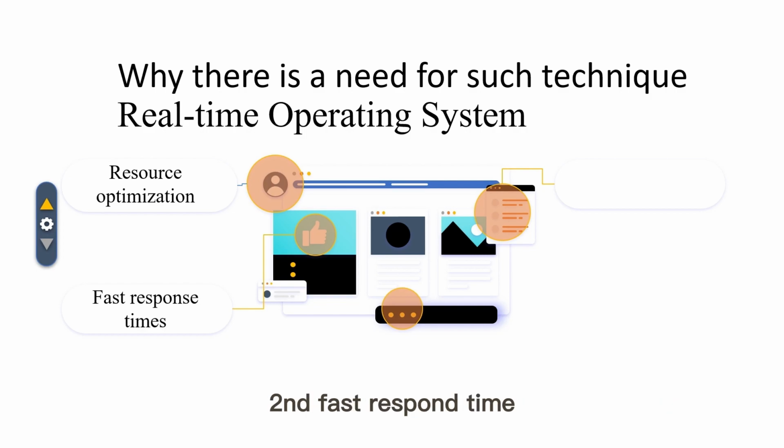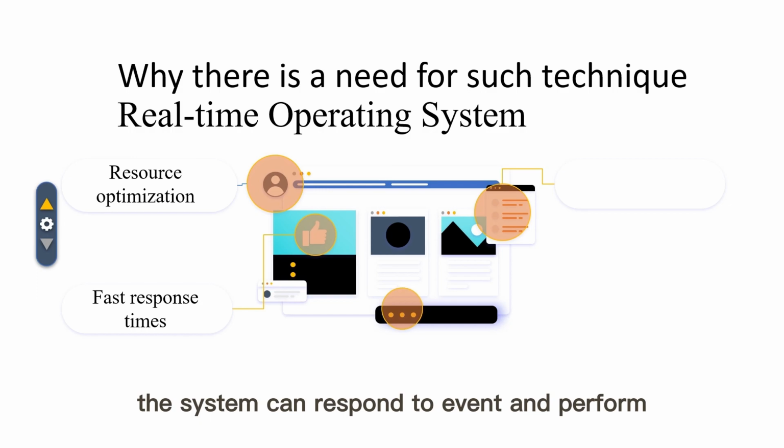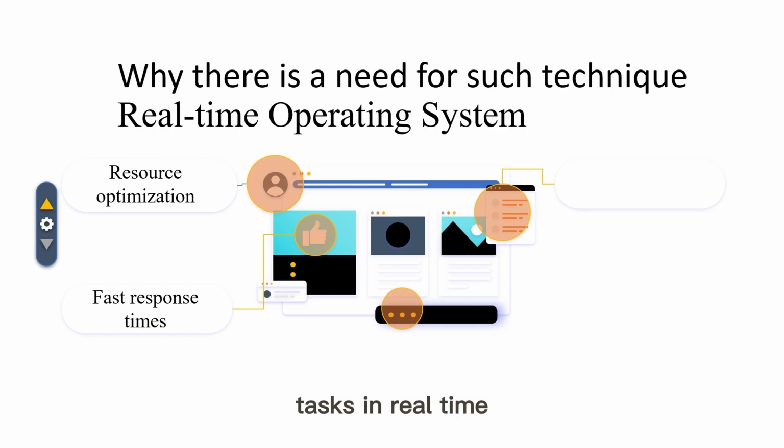Second, fast response time. In certain applications such as medical devices or aerospace systems, fast response time is critical, and RTOS includes mechanisms to ensure that the system can respond to events and perform tasks in real time.